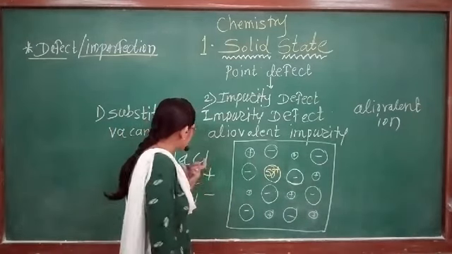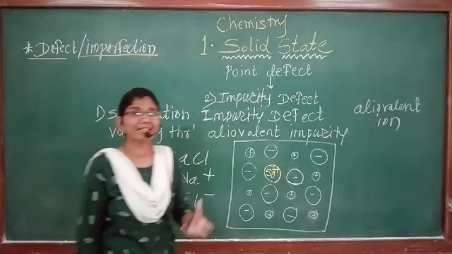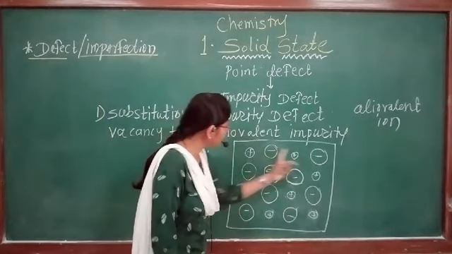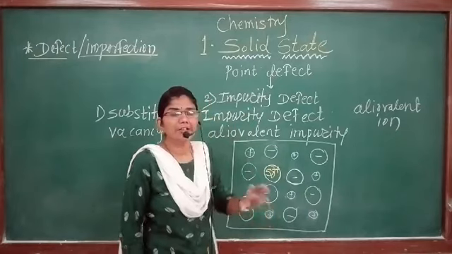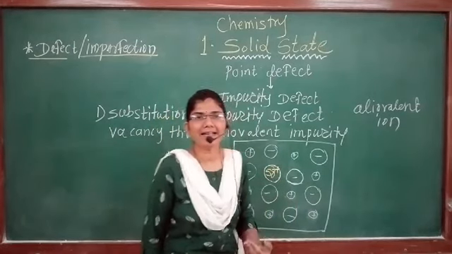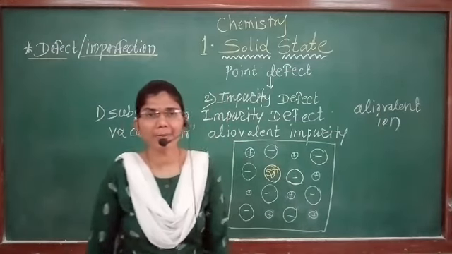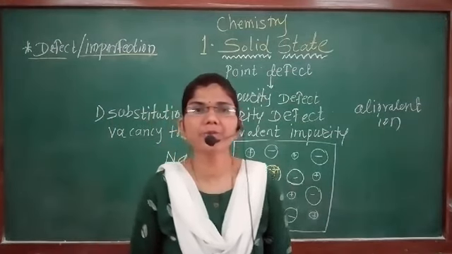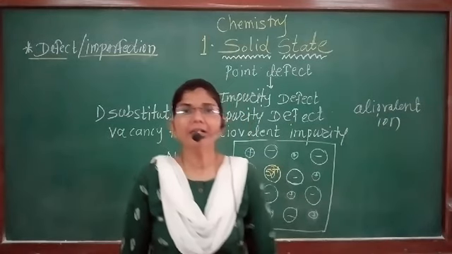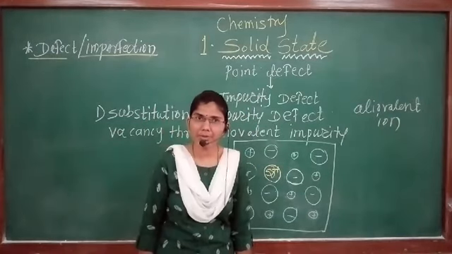In this crystal structure, Na plus and Cl minus are the host atoms which are represented here. But if we add the allovalent ion in this crystal, then what happens? The vacancies are produced. And how are the vacancies produced?